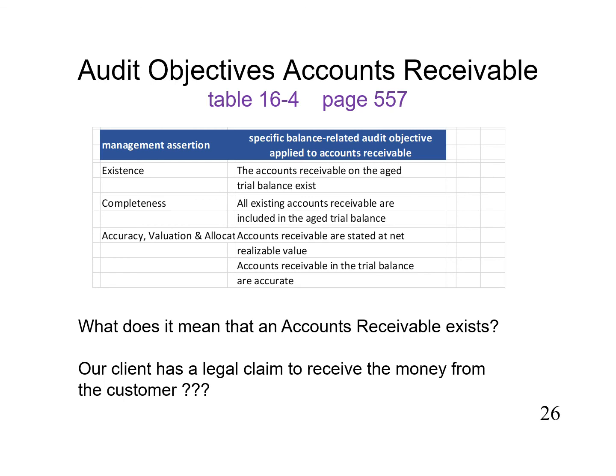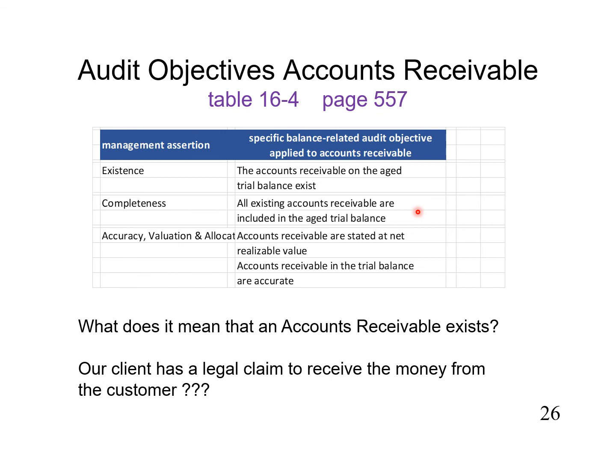If we go way back in the book, later in the quarter, we're going to talk about the audit objectives for accounts receivable. The assertion, the specific objective, so we tweak the assertion. Existence: the accounts receivable on the aged trial balance actually exist. Completeness: all existing accounts receivable are included in the aged trial balance.